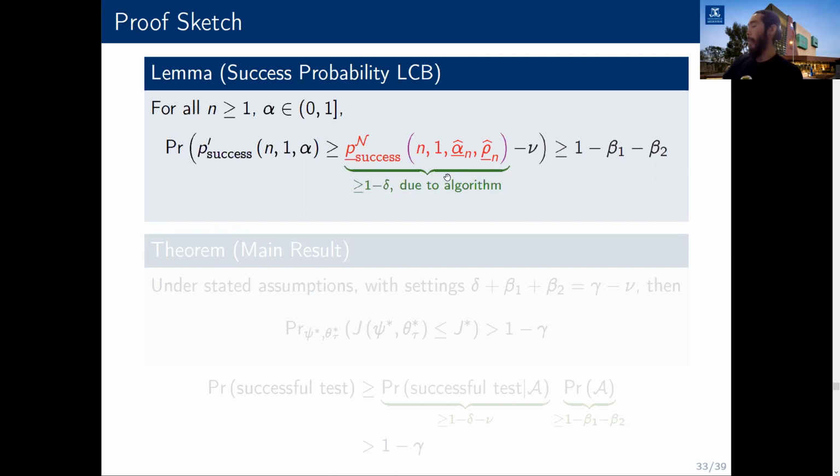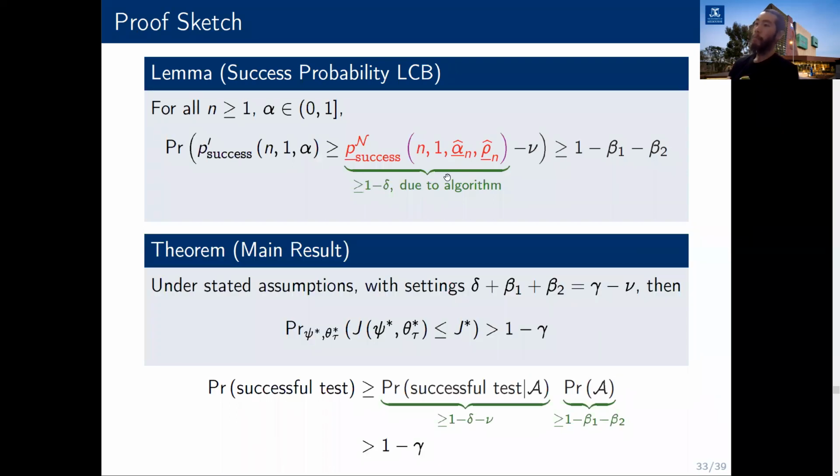Now we can paint a clearer picture of how this all fits together into the main result of the algorithm. When you factor out your probability of successful test here, the probability of this auxiliary event A is lower bounded by 1 minus beta 1 minus beta 2, which is the confidence level of the lower confidence bound for this success probability, while this term here is lower bounded by the actual value of the lower confidence bound here.